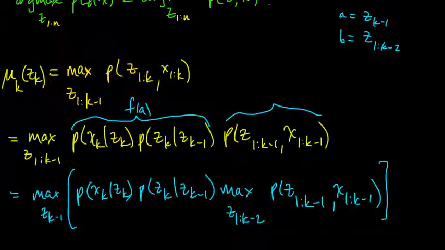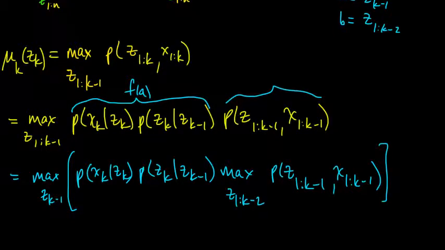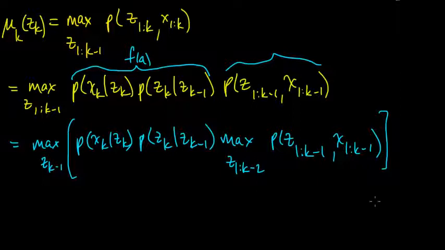Now things are starting to look pretty good, because we can identify this max with the one up here. It's just one less: k minus 1, k minus 2, k minus 1, k minus 1.